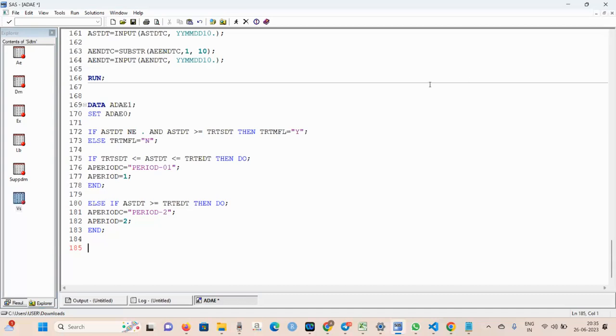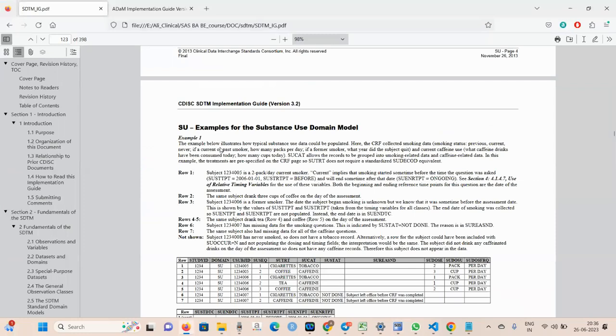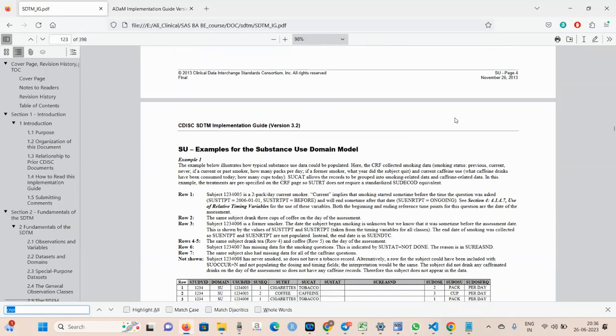Okay, anyway, basically what it means is, the analysis period means which period this treatment event is happening, which visit the subject is getting this AE. So basically you have to understand which visit the subject is getting this AE, and that period we consider as the analysis period. If you go to the implementation guideline, they will give the definition of the analysis period. One second, I'll stop showing.